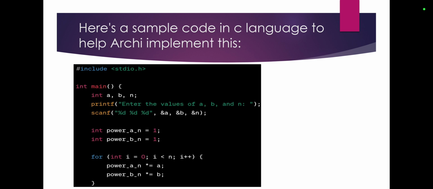Inside the main function, we declare three integer variables a, b, and n to store the input values. The printf function is used to display a prompt asking the user to enter the values of a, b, and n.